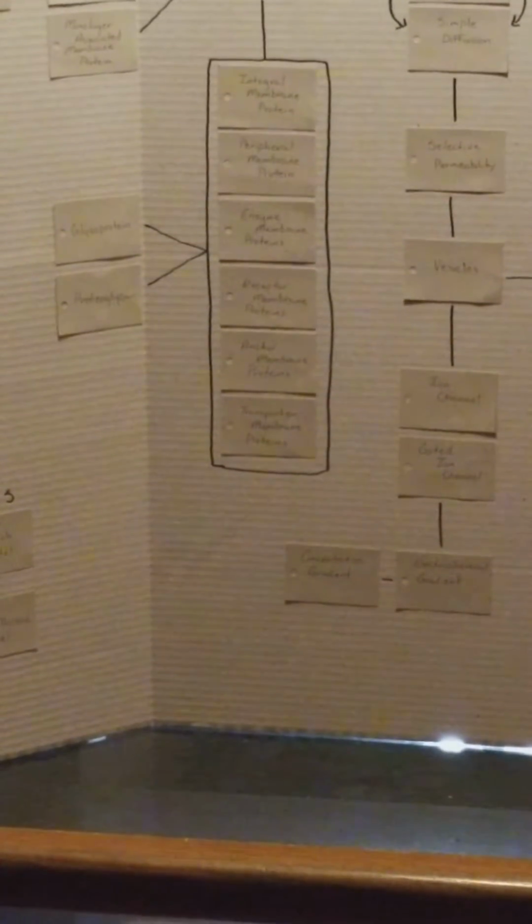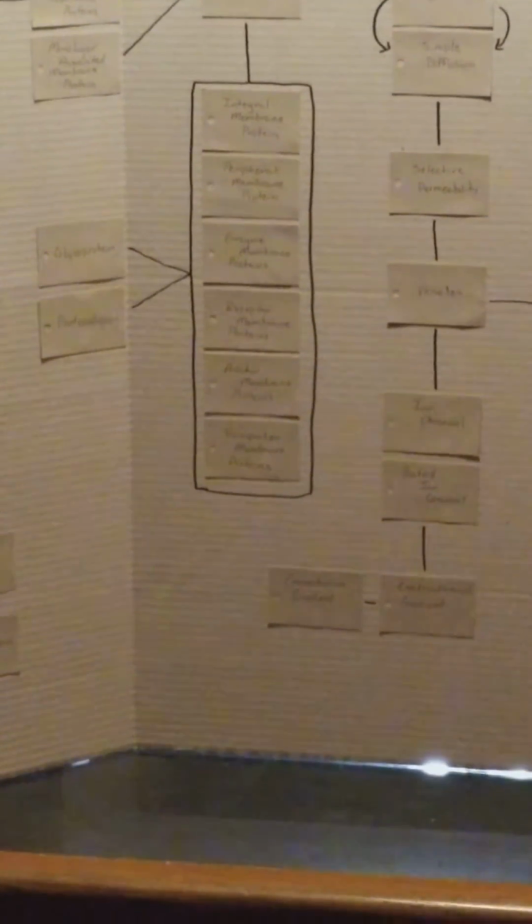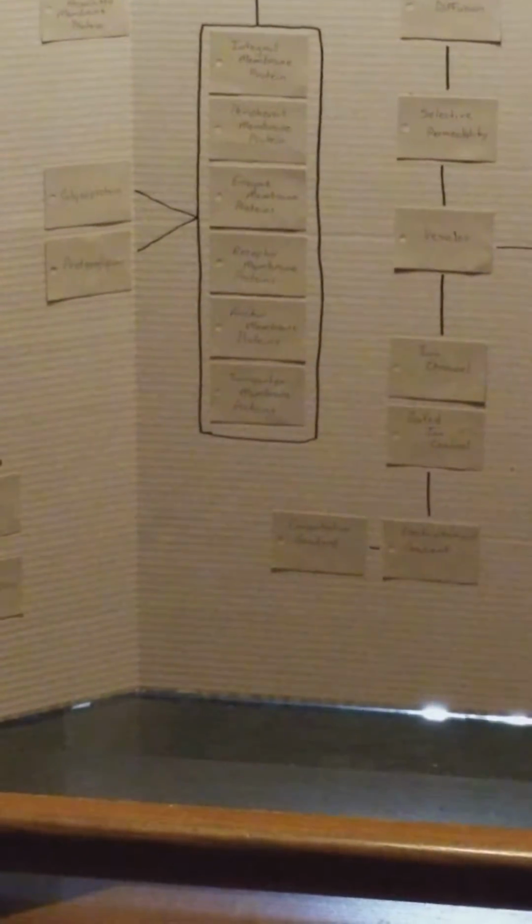This led me to list off all the proteins that were given: integral membrane protein, peripheral membrane protein, enzyme membrane proteins, receptor membrane proteins, anchor membrane proteins, and transporter membrane proteins.